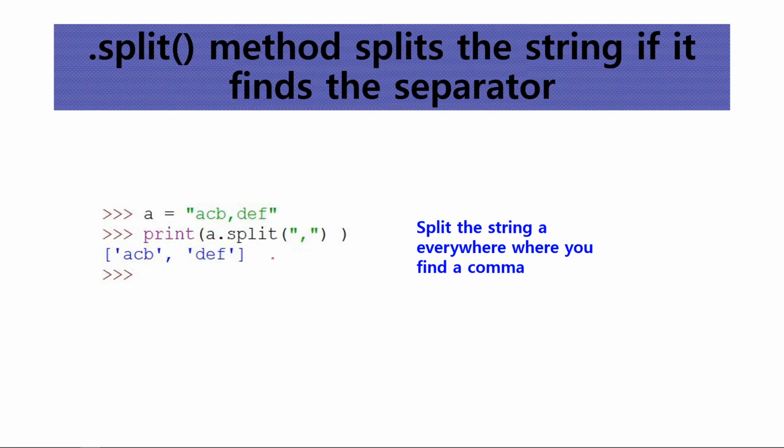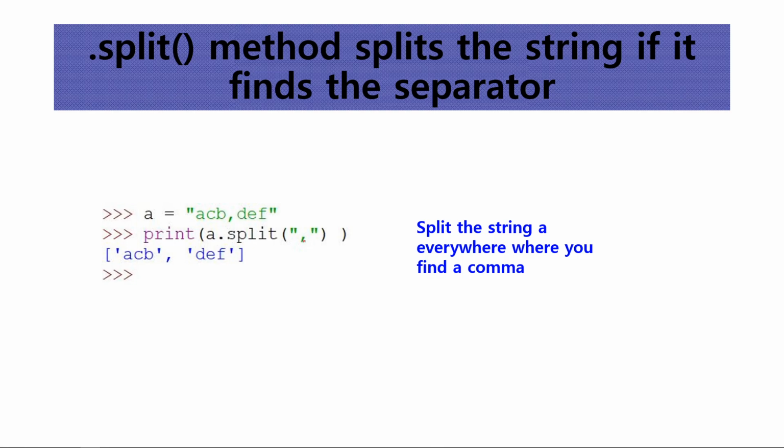Now another interesting method for strings is called split. Split is when you want to cut a string. And when you want to cut a string, you need to define how you want to cut it. So the easiest approach in Python is specifying what is called the delimiter or a separator, which in this case I use the comma.